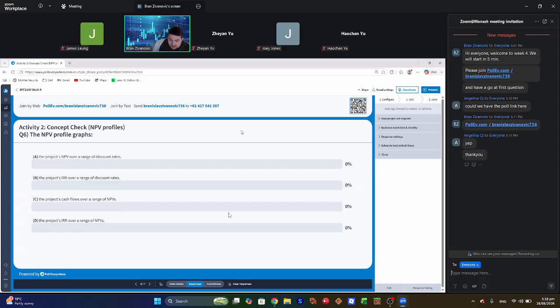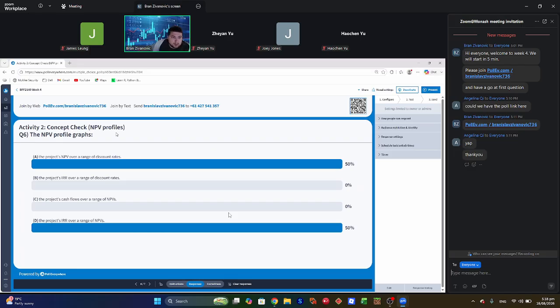All right. What about the net present value profile graph? What do we graph here? So what's on our y-axis versus x-axis?